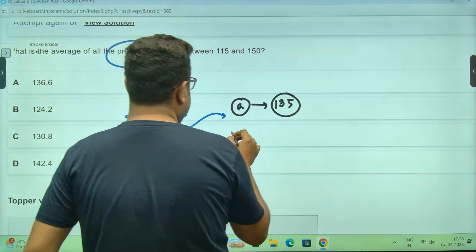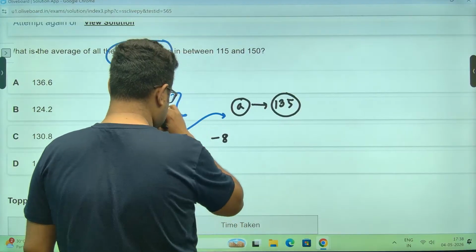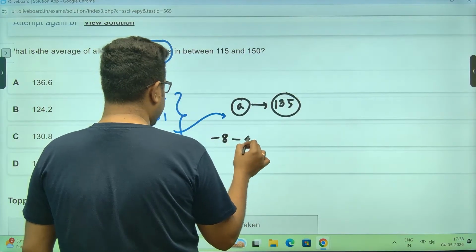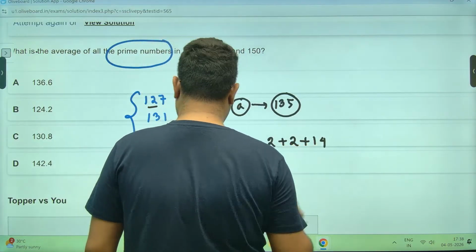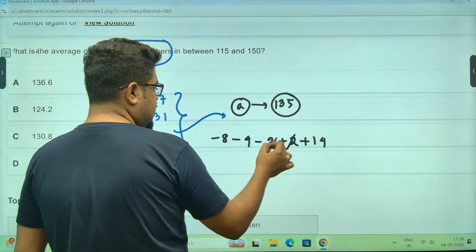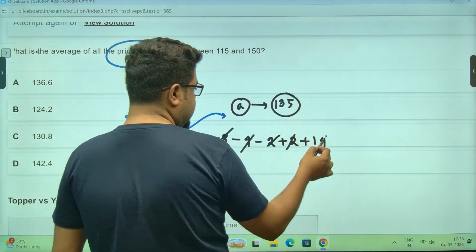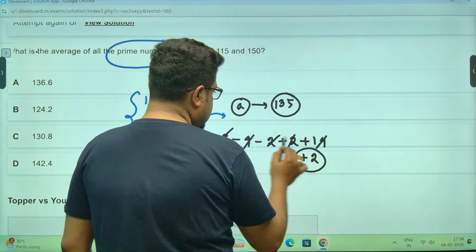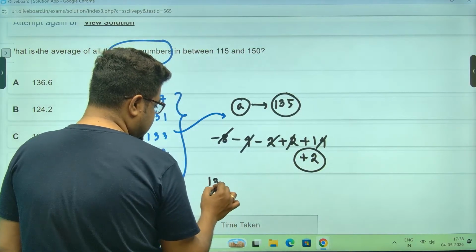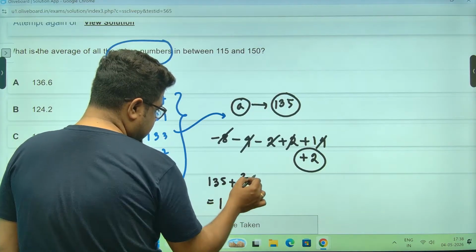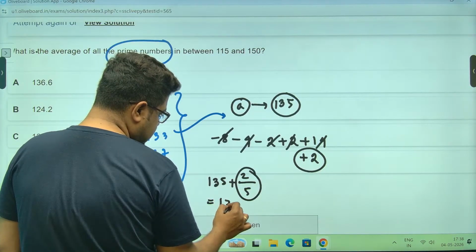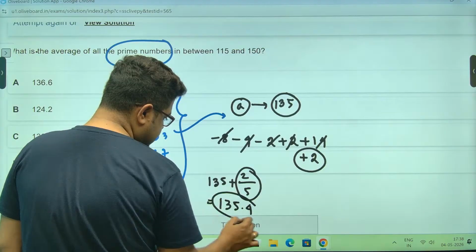So the deviations are minus 8, minus 4, minus 2, plus 2, plus 14. So my actual average will be 135 plus 2 by 5, meaning 0.4, so 135.4.